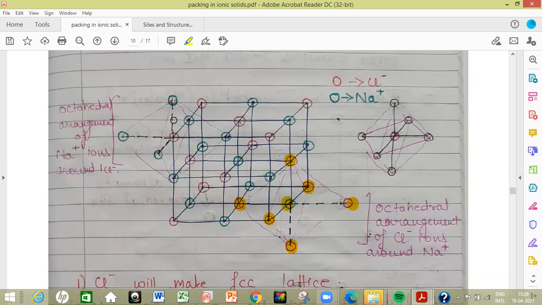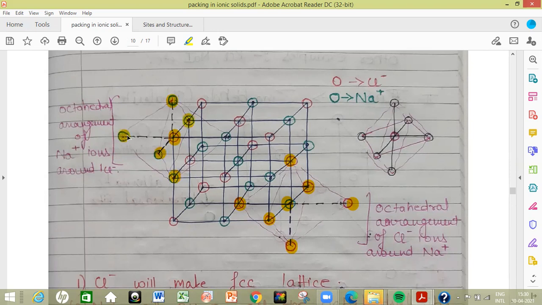So here also we have 6 sodium ions surrounding each chloride ion. So this is the chloride ion which we have selected, which is present at the corner. So 6 sodium ions which are surrounding it are this one, this.